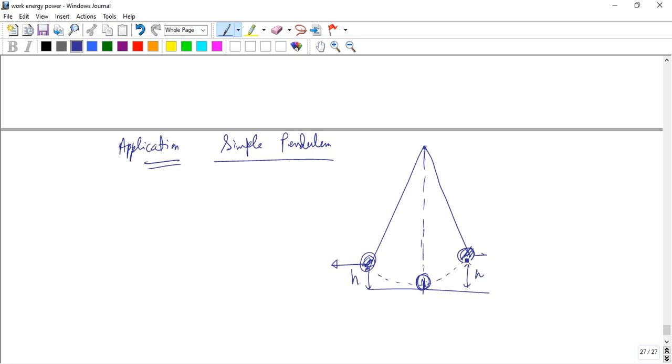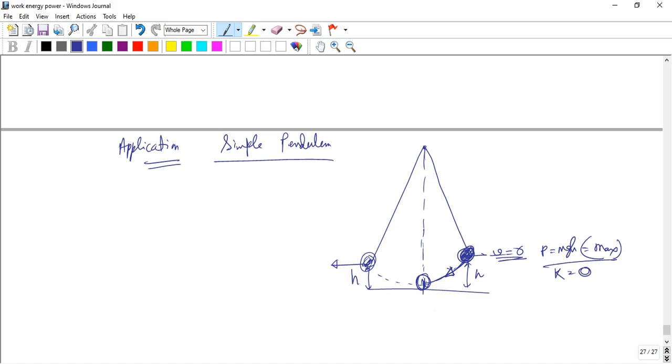At that height, the bob goes in that direction, then stops, then comes back. So the velocity is 0 at that point. Velocity 0 means the potential energy is mgh, that is maximum, and the kinetic energy is 0 because the velocity is 0.